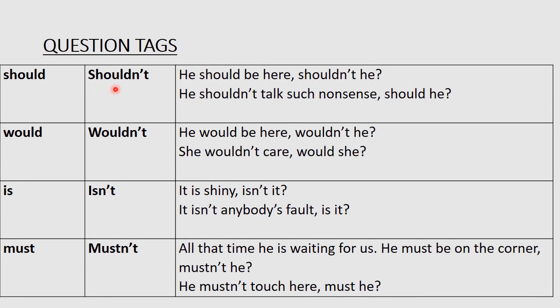Should changes to shouldn't. He should be here, shouldn't he? He shouldn't talk such nonsense, should he? These ones are simpler. Would changes to wouldn't. He would be here, wouldn't he? Shouldn't care, would she? Is changes to isn't. It is shiny, isn't it? It isn't anybody's fault, is it?